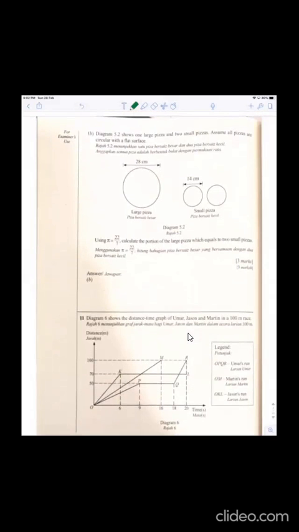Diagram 5.2 shows one large pizza and two small pizzas. Assume all pizzas are circular with a flat surface. This one, the radius is 14. This is 7. Using pi 22/7, calculate the portion of the large pizza which equals the two small pizzas.